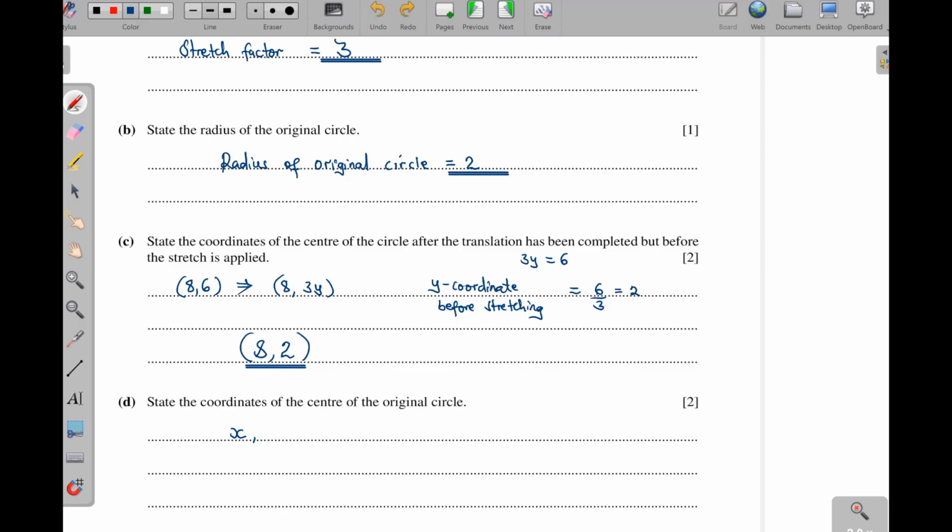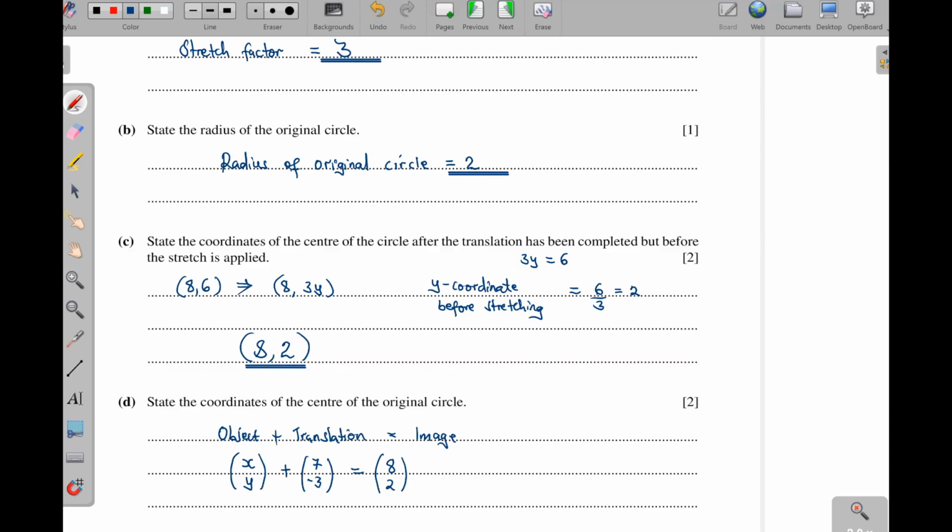In fact, let me write it like this using vectors, because you know that if you get the object plus the translation, then you get the image. So the coordinates of the original one, xy, I'll write it as the column vector. Then the translation is 7, -3, not so? Then the image is now this 8, 2.